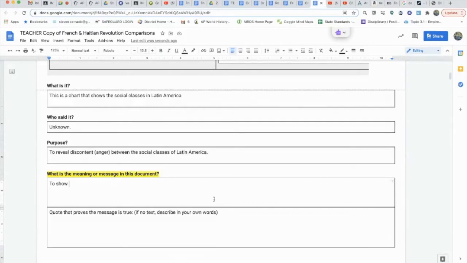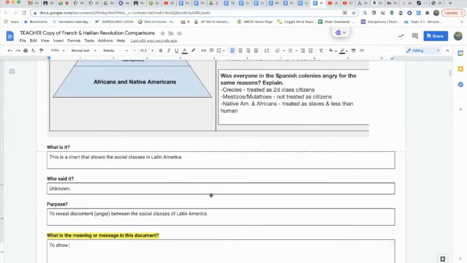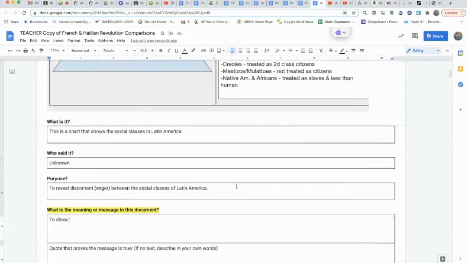Well, let's take a look again. The Creoles, second-class citizens, mestizos not treated as citizens, and Native Americans treated as slaves.